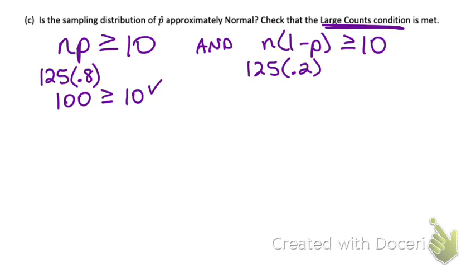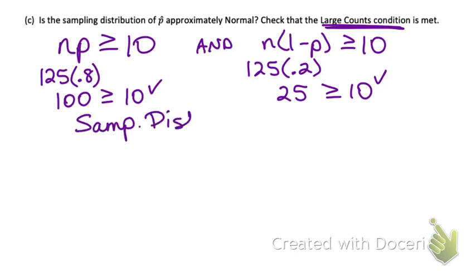Absolutely. If 80% of 125 is 100, then the rest of that, the 25, is 20% of 125. Nice job, Luke. So, ladies and gentlemen, that means my sampling distribution of p hat is approximately normal.